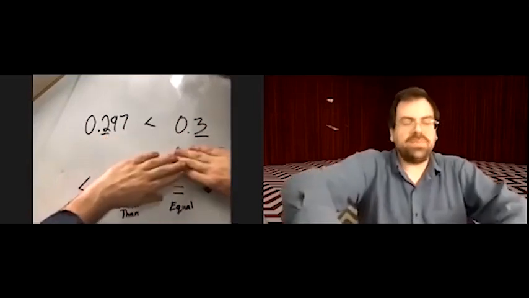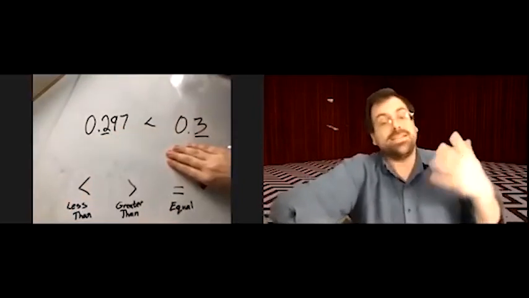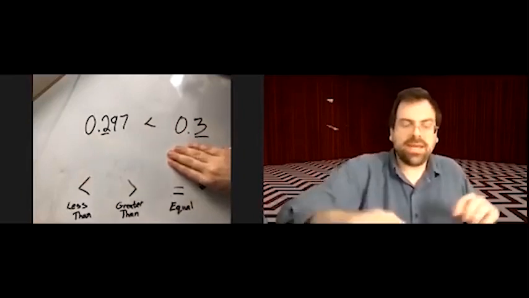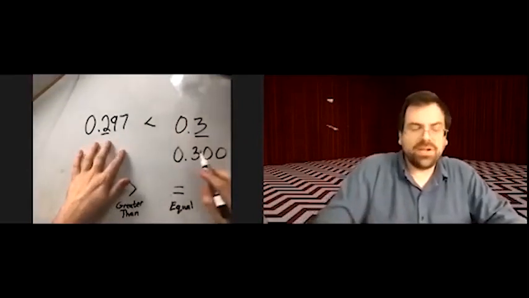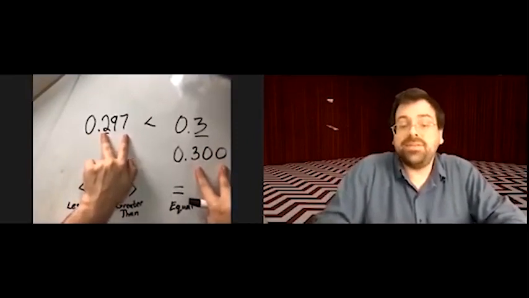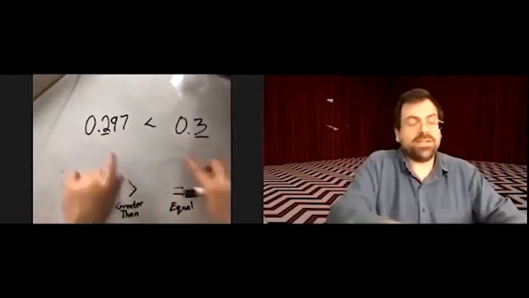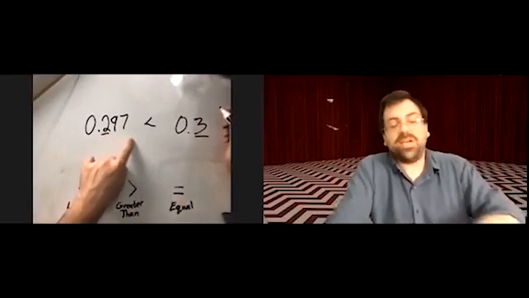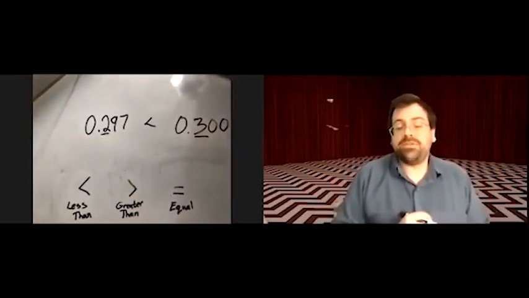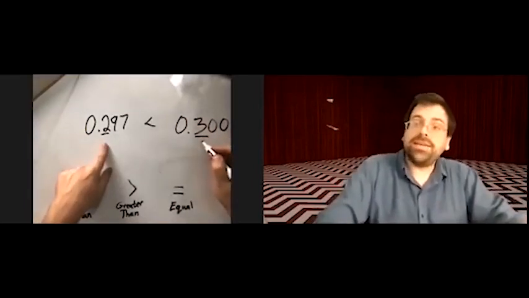So we can't just compare looking at 297 versus 3, because 297 would be bigger than 3. We have to go digit by digit, because that will give us the same answer as the situation where we can clearly see 297 and 300. When you see a comparison like this, if this is 3 digits and that's 1 digit, go ahead and put zeros in. Help yourself out. But still, show that you're comparing these.